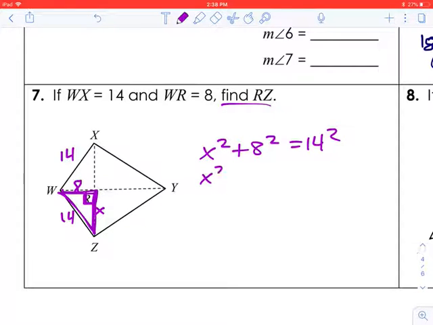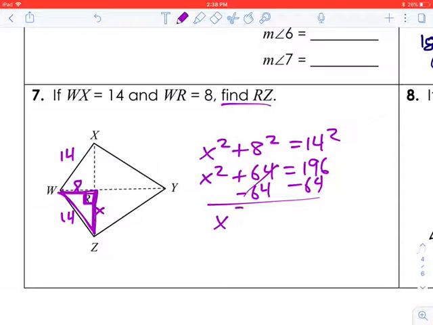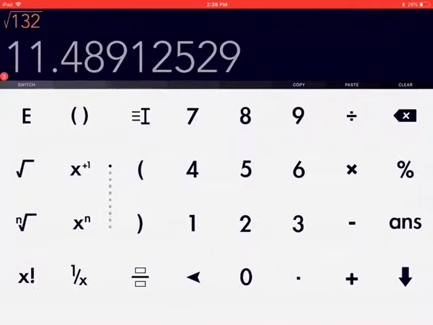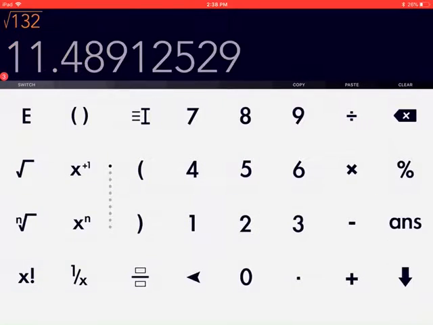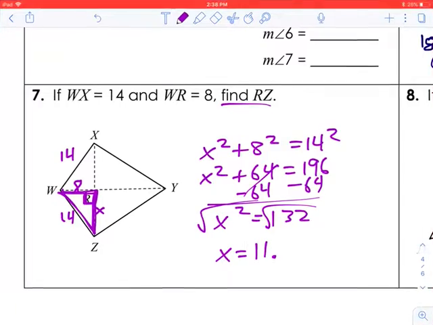That's 64 and 196. Subtract 64 from both sides. I get x squared equals 132. Square root of that, x equals 11 point something, but let's use the calculator just to make sure. Square root of 132 equals 11.5.